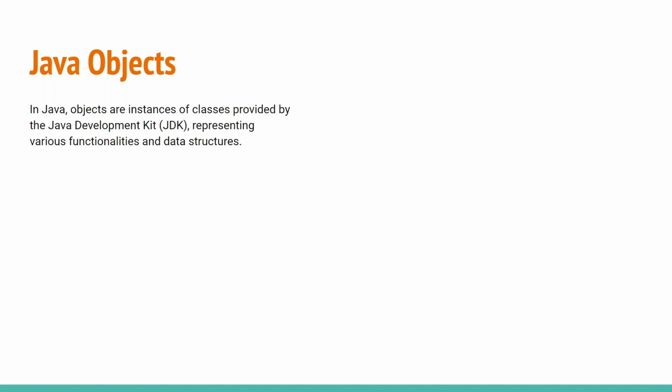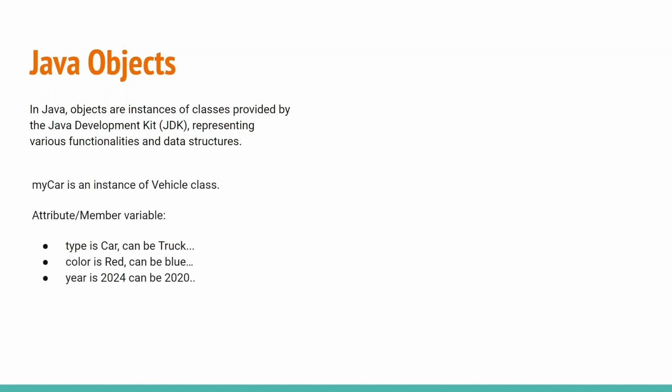In the vehicle class example, we can create an object of the vehicle class called myCar. The car is a type of vehicle, it has red color, and the year of build is 2024. Start and stop are the methods.